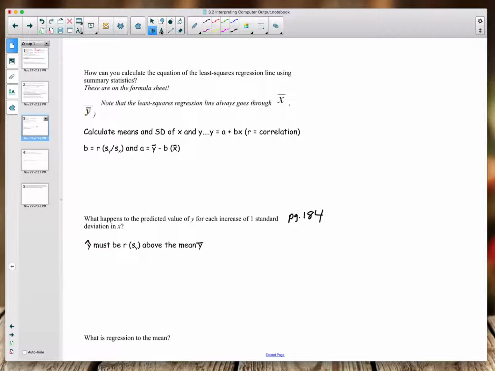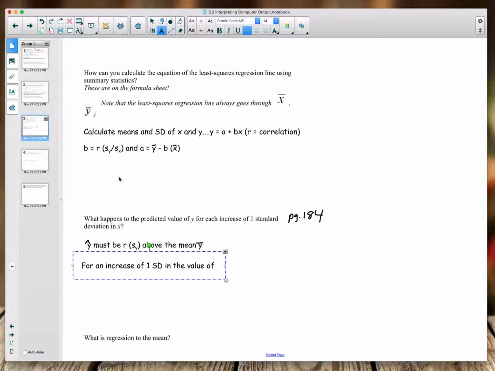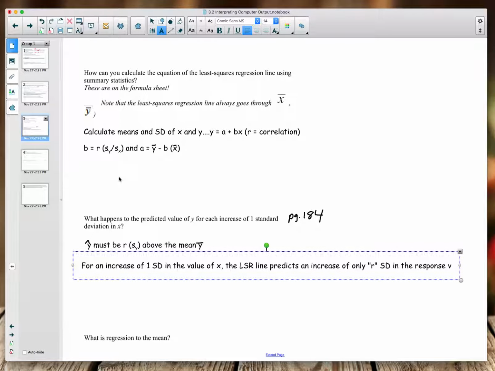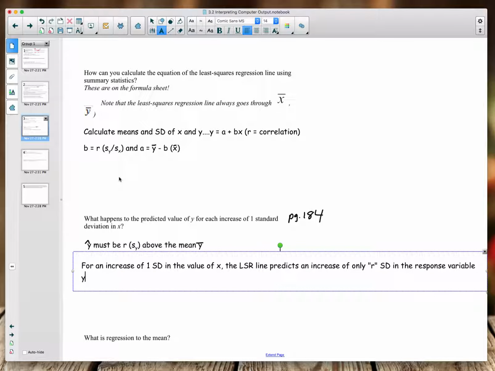And to elaborate on that a little bit more, we would say for an increase of one standard deviation in the value of x, the least squares regression line predicts an increase of only r standard deviations in the response variable y. Okay.